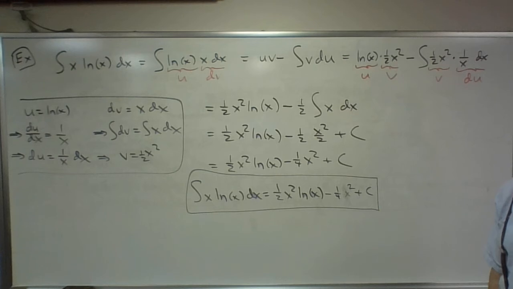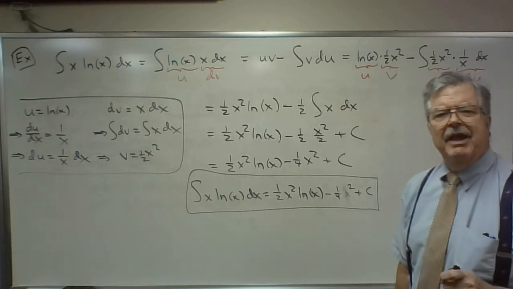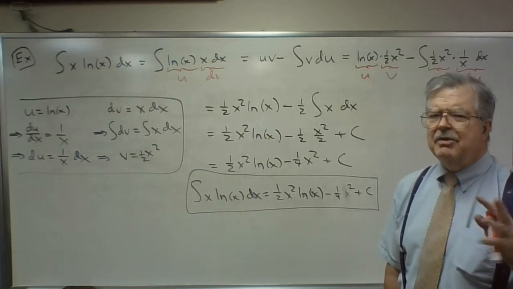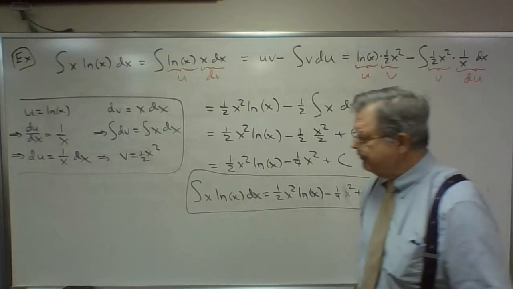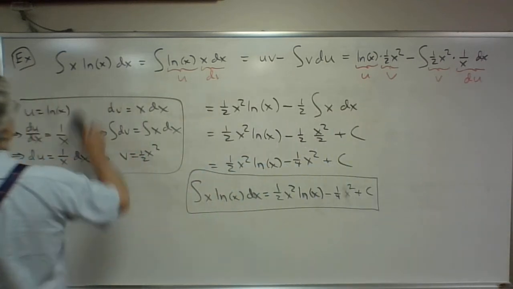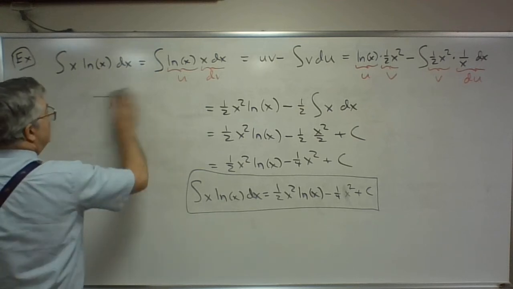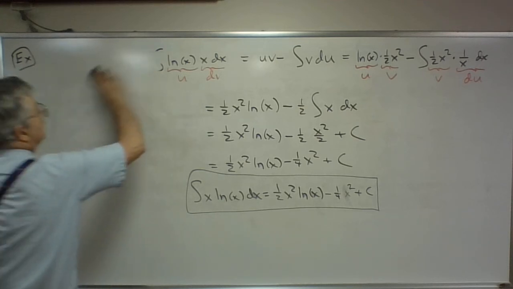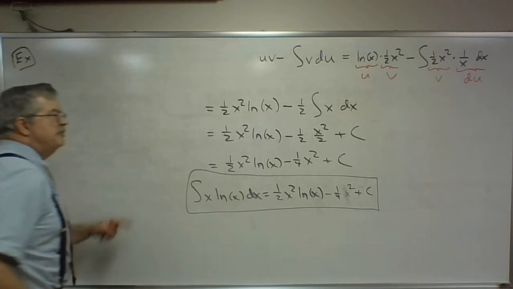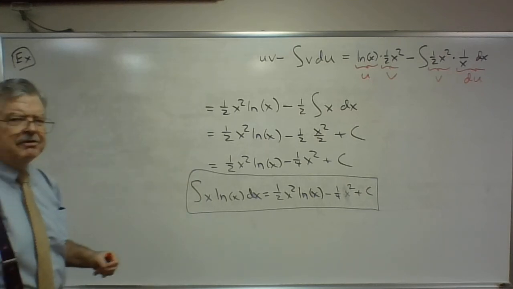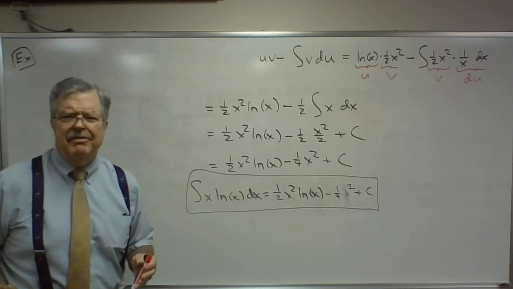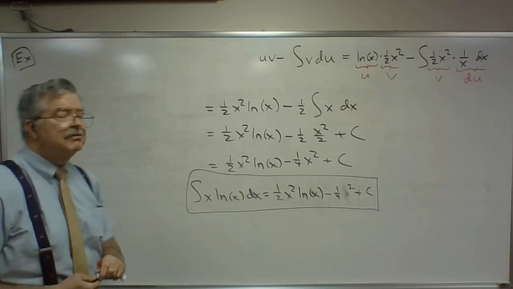Now I'll give you another example. I won't work it, but I'll tell you how to go about doing it. When I was doing this example, I mentioned that we didn't know what the antiderivative of natural log of x is.